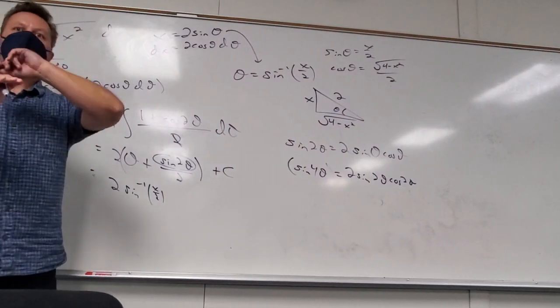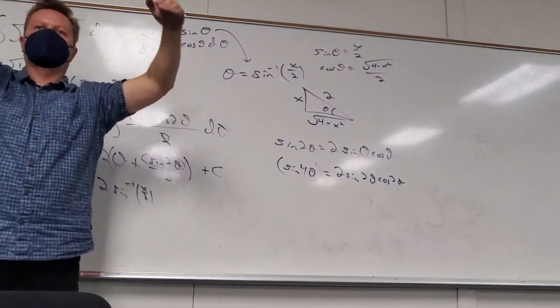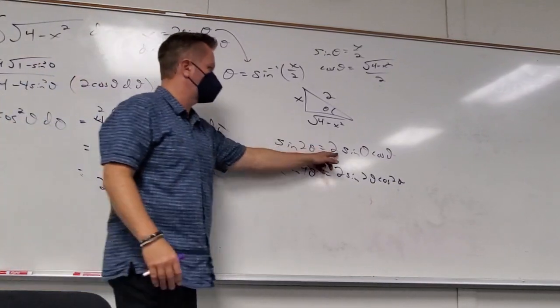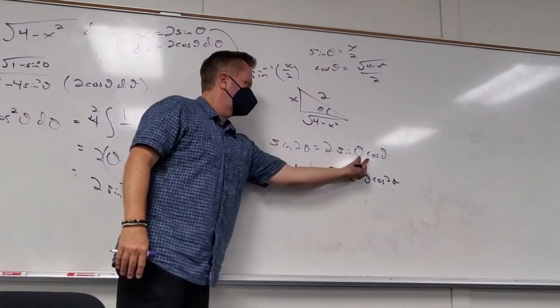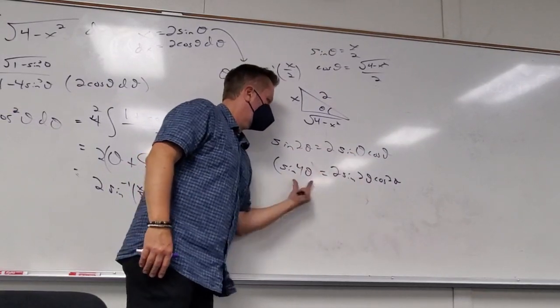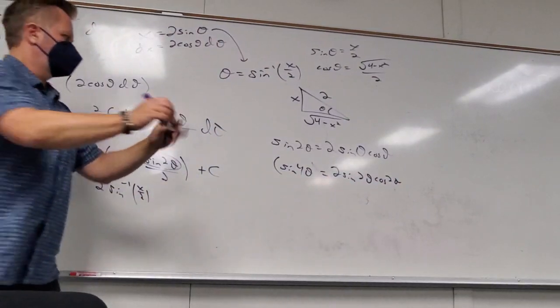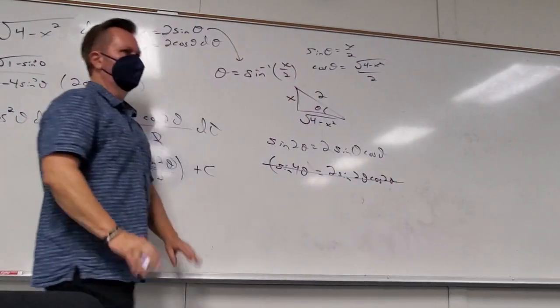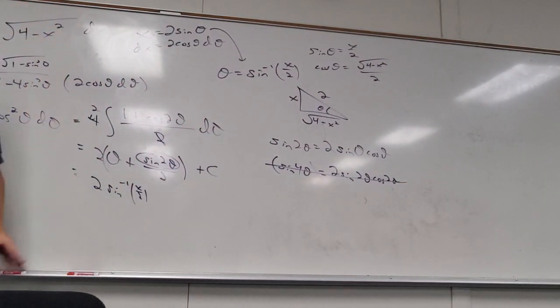You guys see that? We're going to see that throughout the semester. There's a form, and you have to know how to use it correctly. That's a 2 because it's just a 2, and this is theta because it's half of this. That has nothing to do with this problem, like I said, just a side note.